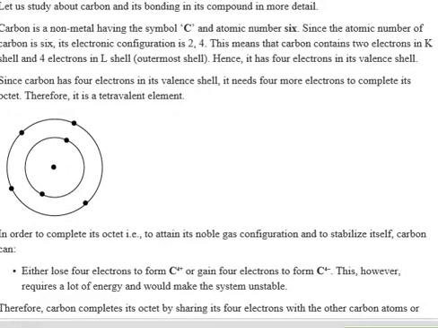In order to complete its octet, to attain its noble gas configuration, and to stabilize itself, carbon can either lose 4 electrons to form C4+ or gain 4 electrons to form C4-. However, this requires a lot of energy and would make the system unstable.